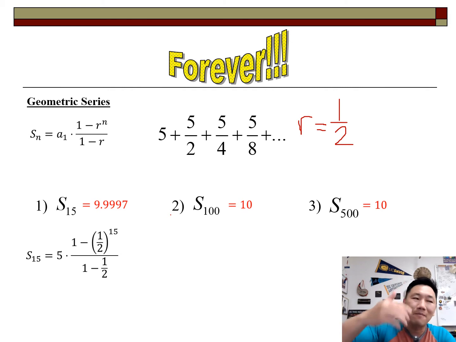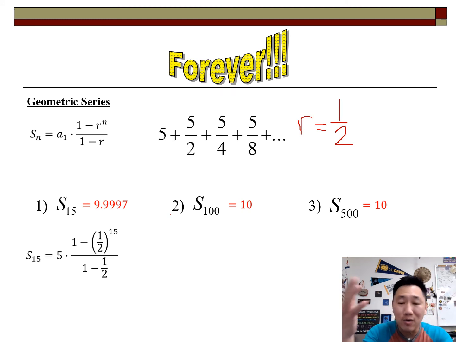Just like the last example, the more you add, the higher the number is. But for this example, why is it that the more you add, it doesn't change? If I wanted to add the first 1,000 terms, it's still going to be 10. If I wanted to add for forever, this is still going to be 10.